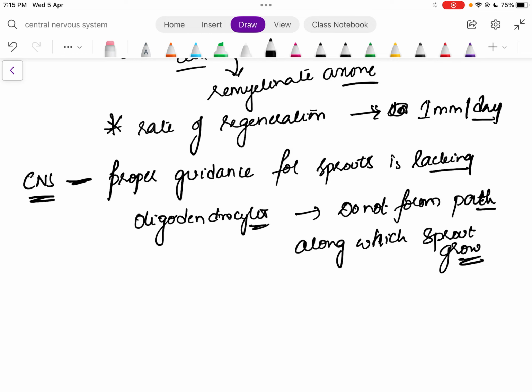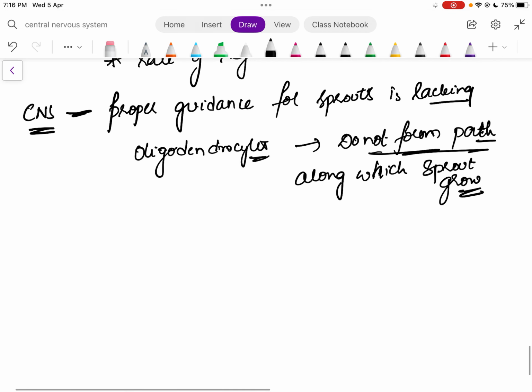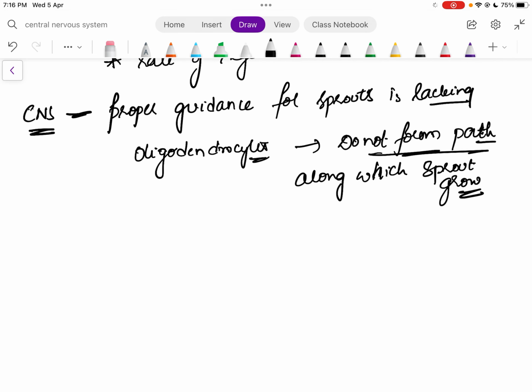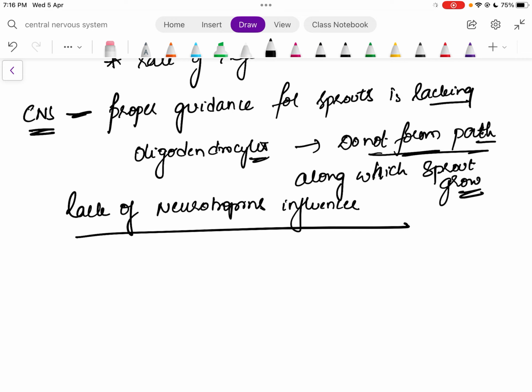Even if there is sprout synthesis, there is no proper guidance and they cannot extend further because there is no distinct path. So there will be a lack of neurotropin influence. This is about axonal degeneration.